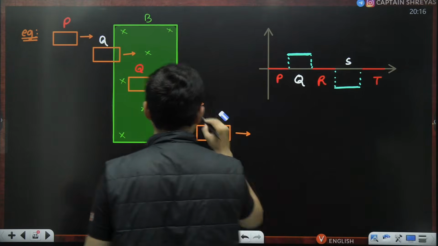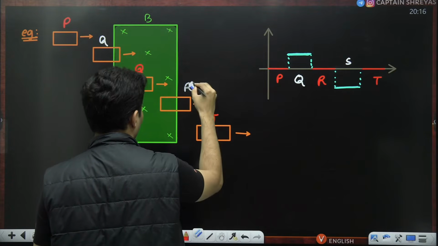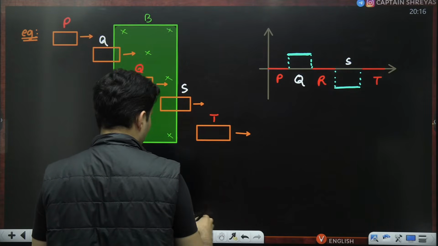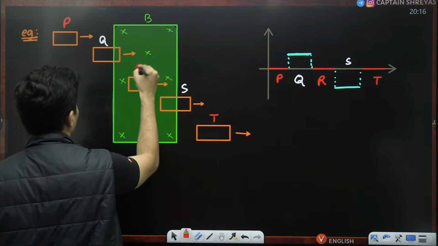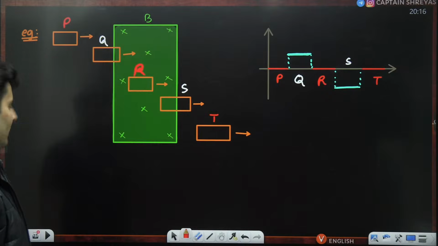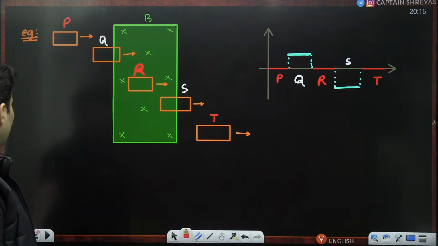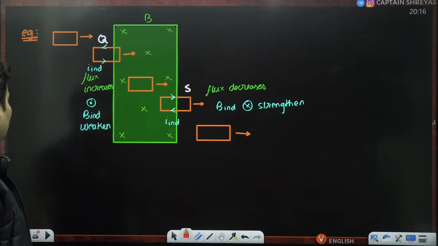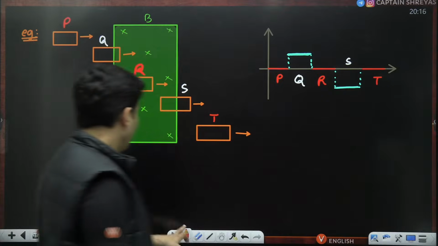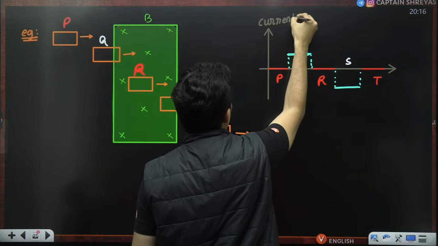So this was T, this was S, and this was R. P, Q, R, S, T. Okay. So here also, yes, Q and S, perfect. And here P, R, T. Okay, correct. Perfect. So this is how the current would change with time.